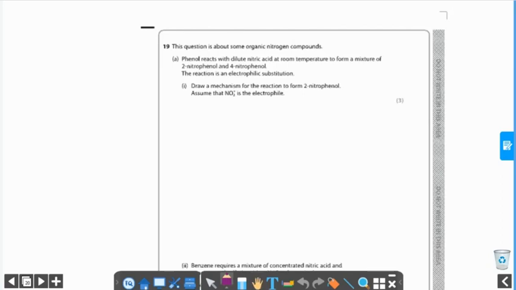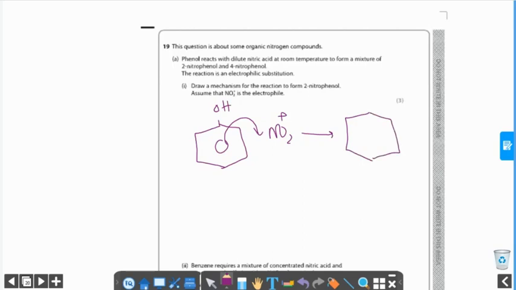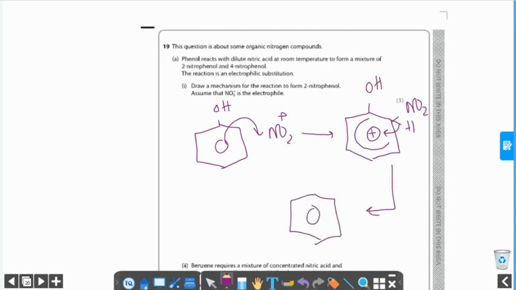So 2-nitrophenol. So this is phenol, the NO2 plus attacks the second carbon. So this is NO2 with a hydrogen adjacent to the positive charge, and then this breaks in the presence of the base, which is HSO4 minus, but we need not show that.